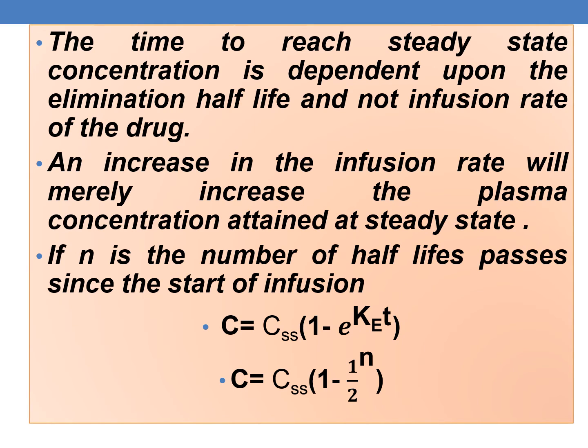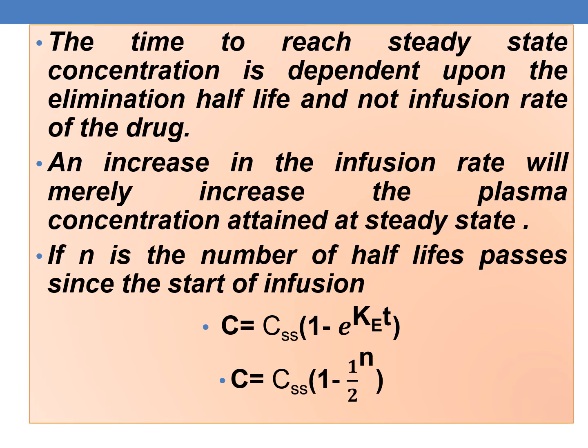And as we have discussed earlier, the time to reach the steady state concentration is dependent upon the elimination half-life of the drug and not on the infusion rate. An increase in the infusion rate will merely increase the plasma concentration attained at the steady state.